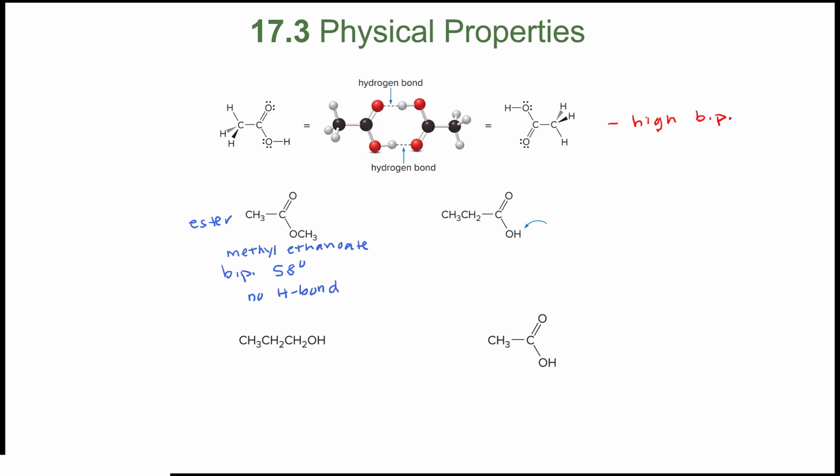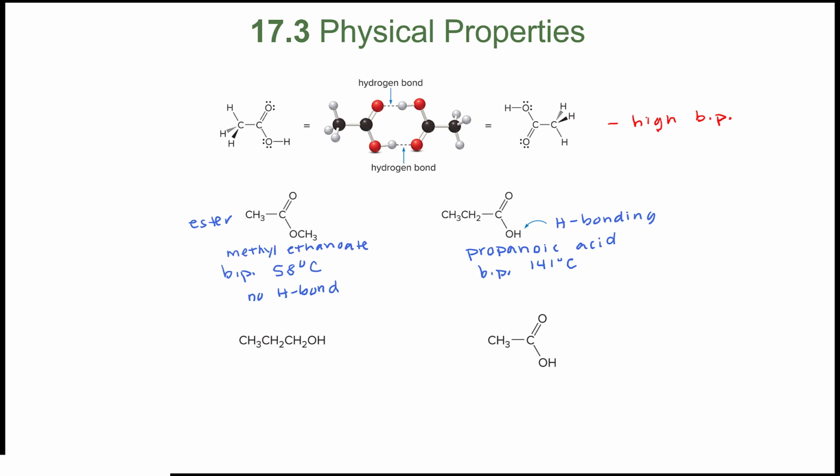But a similar sized carboxylic acid has hydrogen bonding, so H bonding here. So the boiling point of this one, which is called propanoic acid, is 141 degrees. So the boiling point is much higher once we introduce that carboxylic acid into the structure.